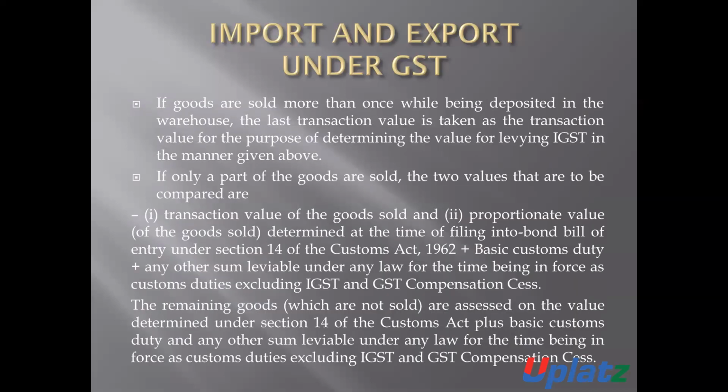If the goods are sold more than once while the goods are deposited in the warehouse, for example some goods are sold to Ram the first time, then to Shyam the second time, and the third time to Mohan, then the last transaction value will be taken as the transaction value for the purpose of determining the value of IGST.